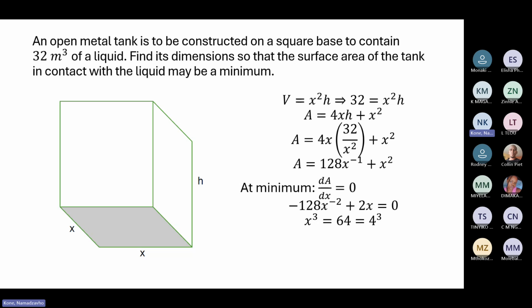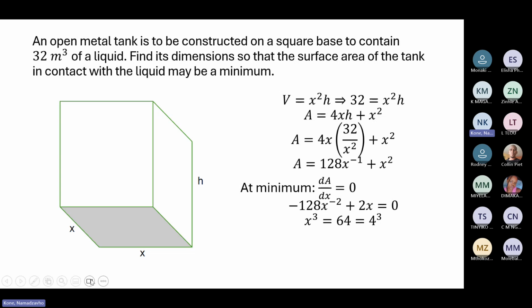Then if you take minus 128 to one side and divide both sides by 2, you get x to the power 3 equals 64. 64 is the same as 4 to the power 3. So if x to the power 3 equals 4 to the power 3, it means x equals 4.